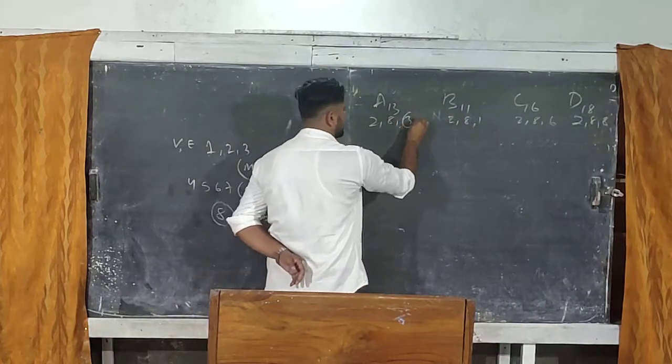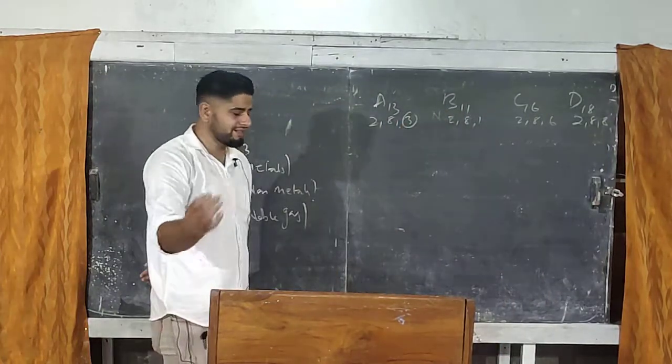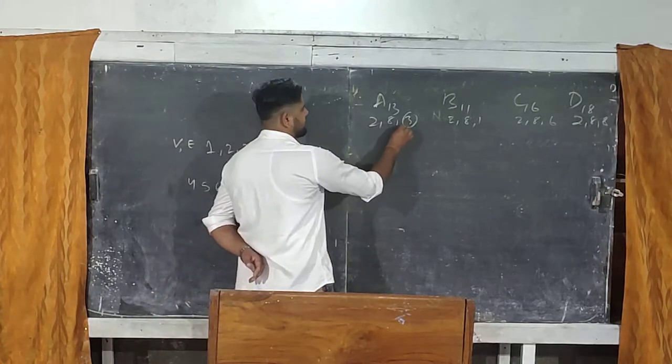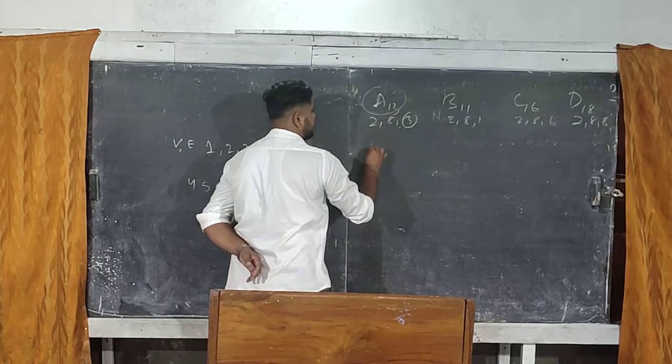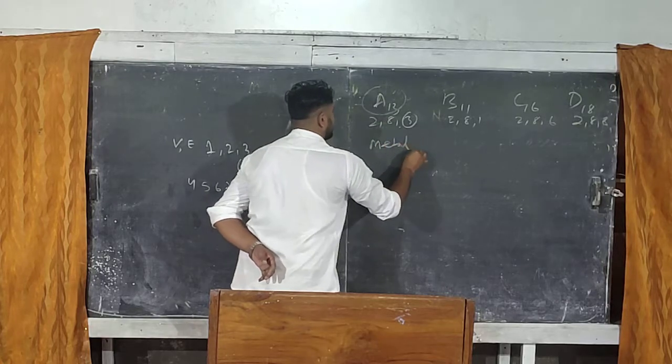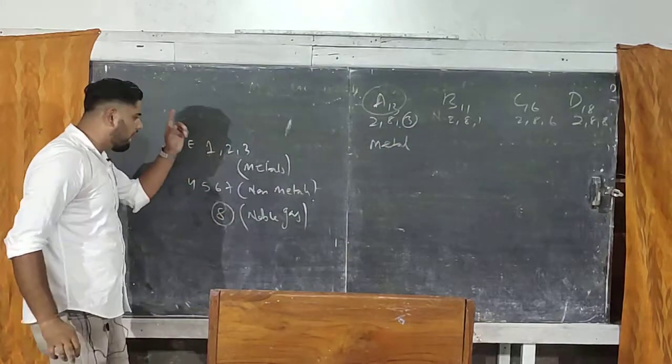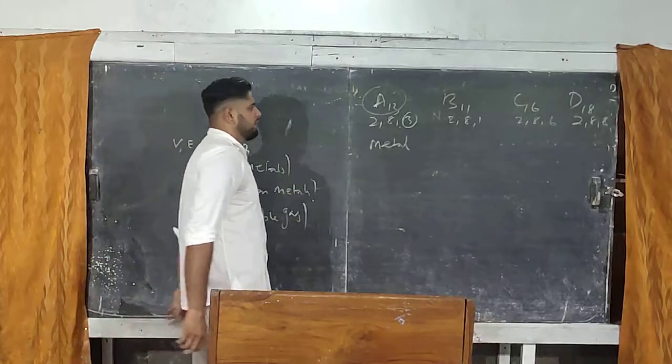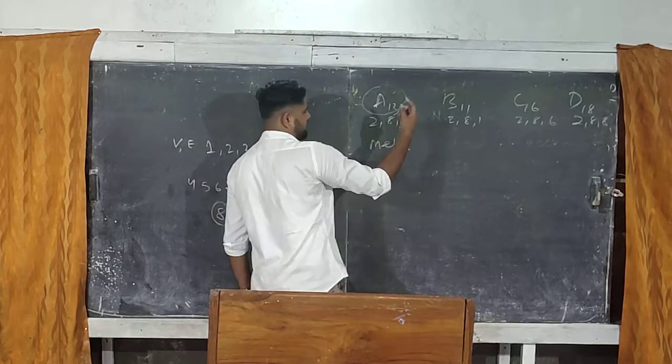What is the valence electron for A? 3. Since valence electron 1 or 2 or 3 are metals, A is a metal. A is aluminium.